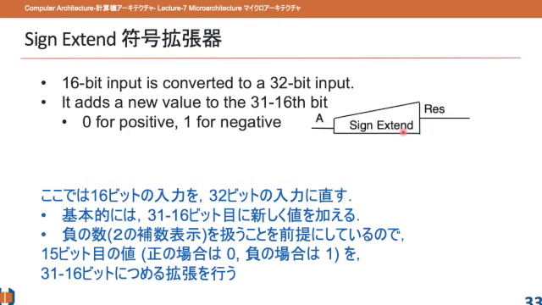The task of this combinational part is converting a 16-bit to a 32-bit value based on the sign. So it adds all 0s if the input is positive, and it includes all 1s if the input is negative for the 2's complement format, right?